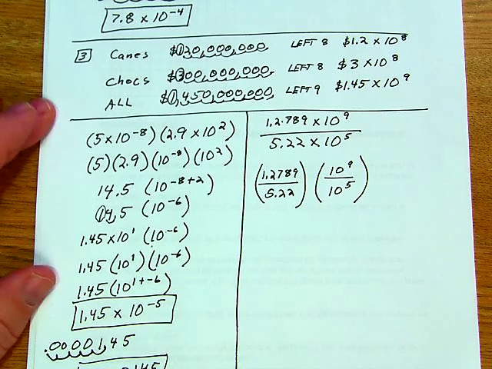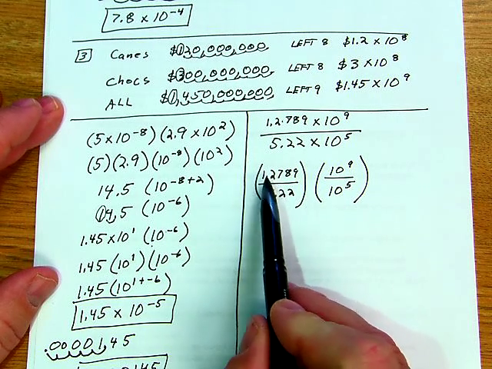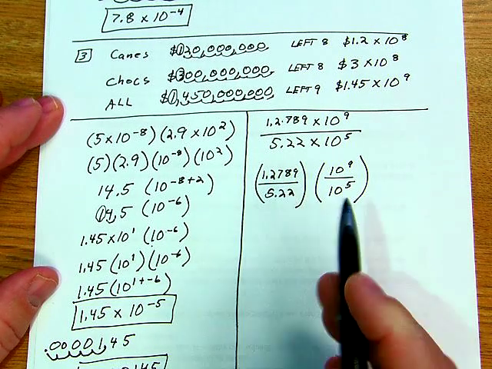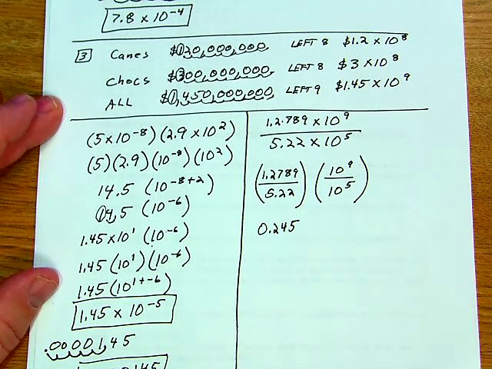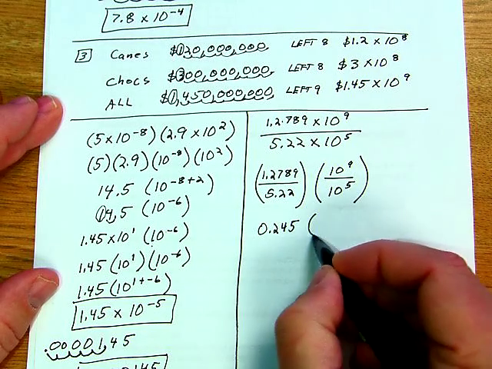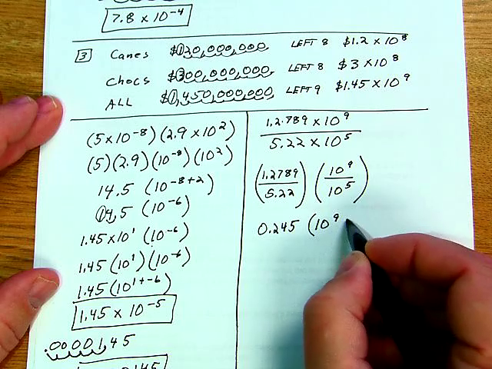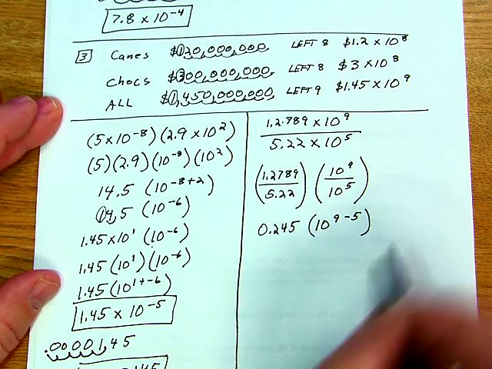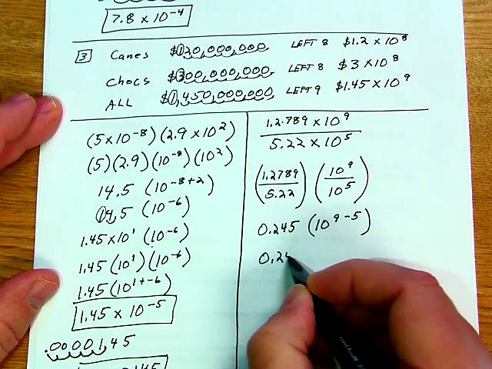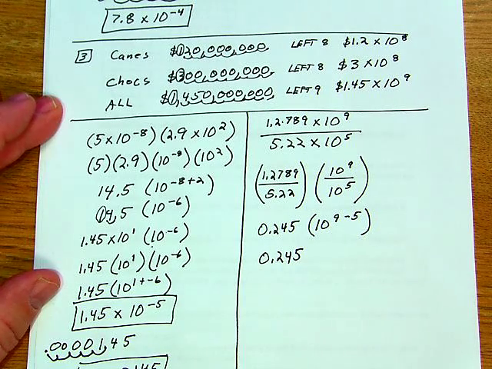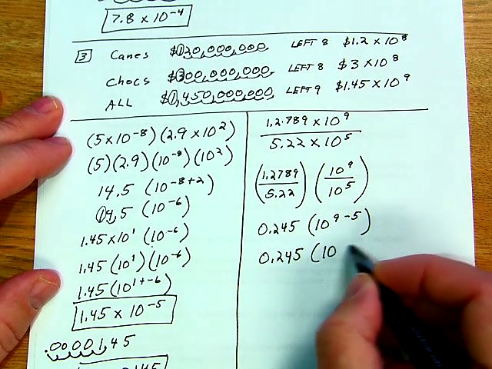If you got your calculator out and divided this, you end up with 0.245. And over here, we remember from our rules we can subtract exponents when we're dividing. So 9 minus 5, so we end up with 0.245 times 10 to the 4th.